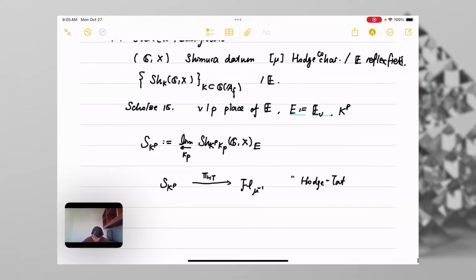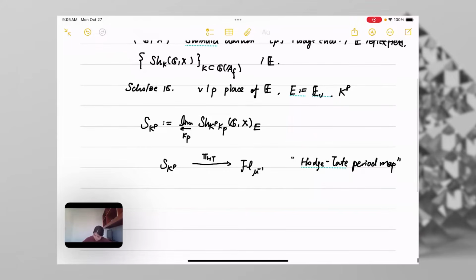To make sense of this map, one has to work in an analytic context. Later we will view this as a map of pre-sheaves on perfectoid spaces.